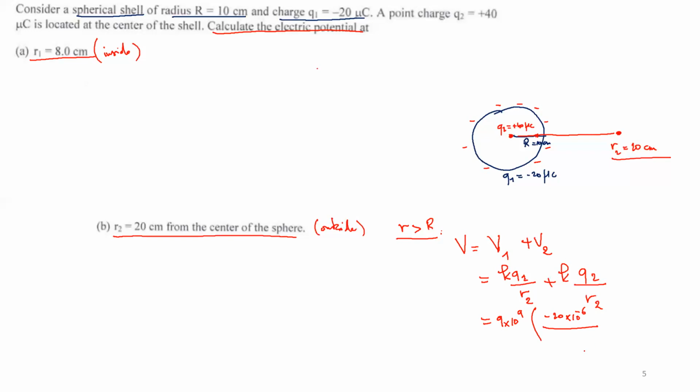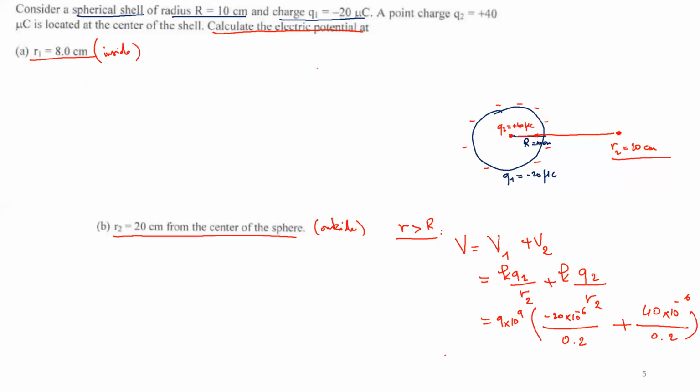What is R2? 20 centimeters, so 0.2 meters. Plus Q2, what is Q2? It's 40, 10 to the power minus 6, divided by the same distance, which is 0.2. And you can calculate that. So outside, the electric potential is equal to what?